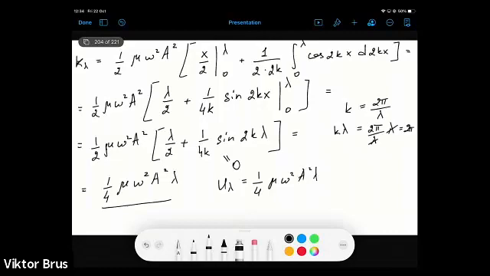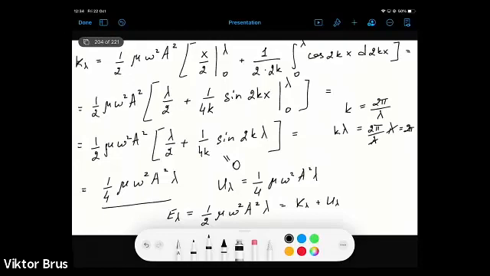So that's why if we consider the whole energy of a wave per 1 wavelength, it will be 1/2 mu omega square times a square times lambda, since that is equal to k lambda plus u lambda.